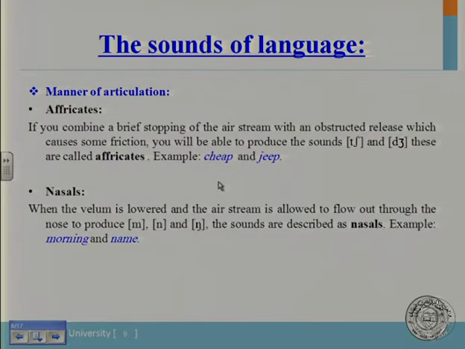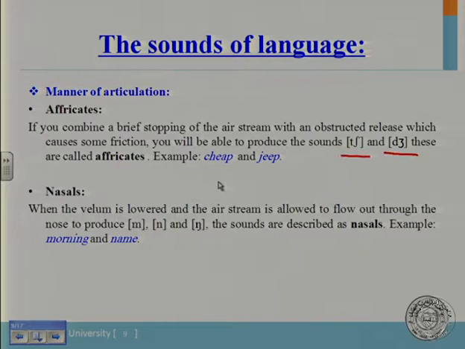Now, we are still in the manner of articulation. We have the third group, which is called affricates. If you combine a brief stopping of the air stream with an obstructed release which causes some friction, you will be able to produce the sounds as in ch and as in j.